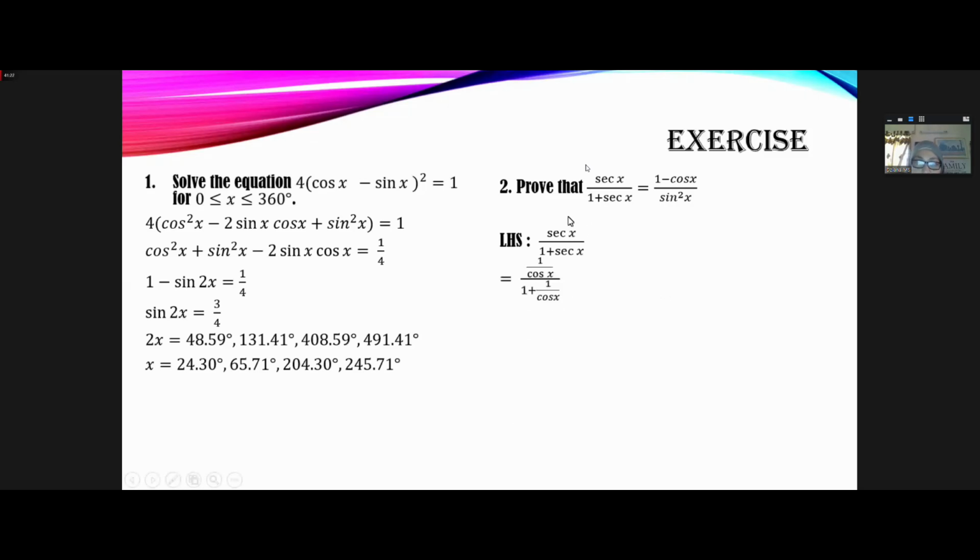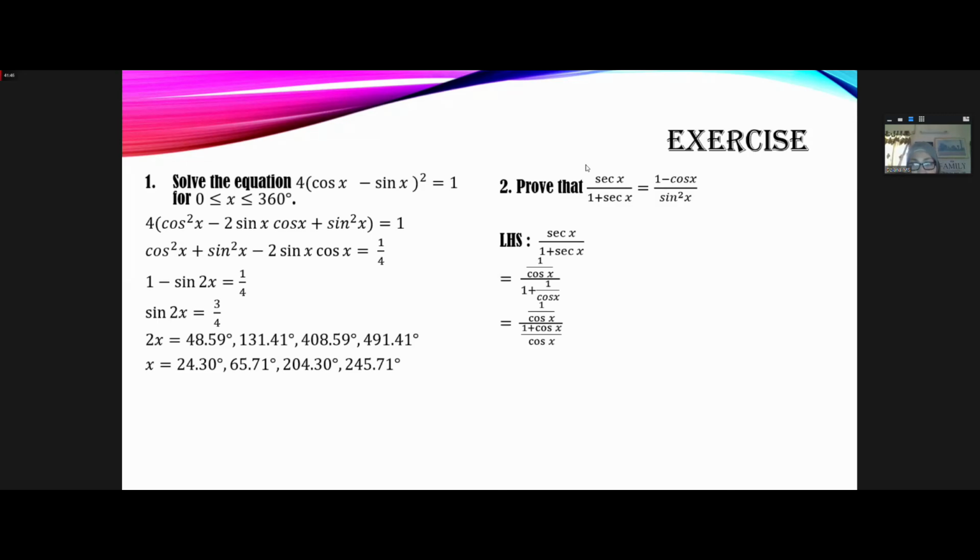Secant is 1 over cos x, so I have 1 over cos x over 1 plus another 1 over cos x. So you have a fraction in a fraction. So I make the denominator the same. The numerator 1 over cos x, I times cos x, so I have cos x over cos x.